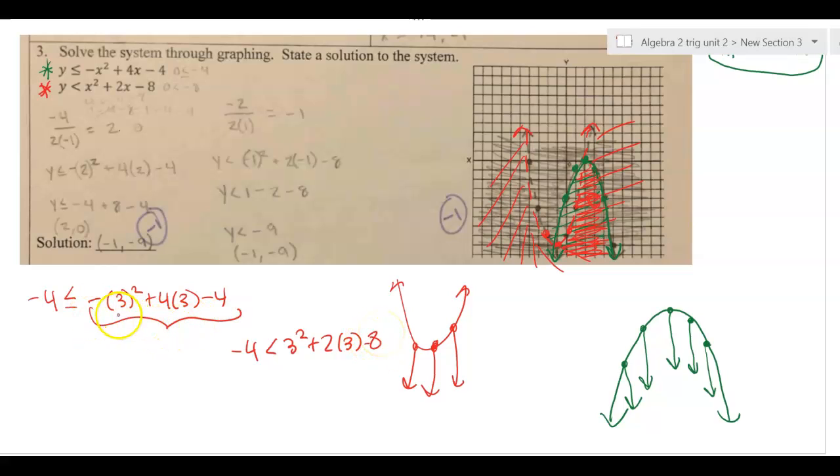And so then when you look at this, it works in the first inequality, and then I would check it in the second inequality, 9 plus 6, 7. It works in that inequality as well, so that seems like a good place for the solution.